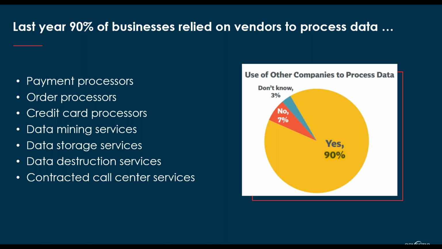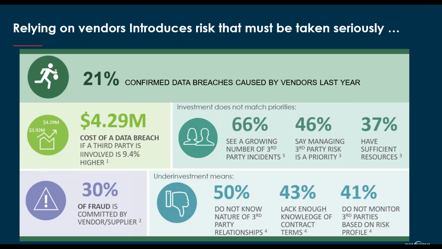All different types of vendors like payment processors, order processors, credit card processors, data mining and data storage and data destruction services like Iron Mountain, and even contracted call centers that businesses hire to take orders and respond to customer inquiries. So while relying on all these vendors is essential to a business, it also introduces a significant risk.